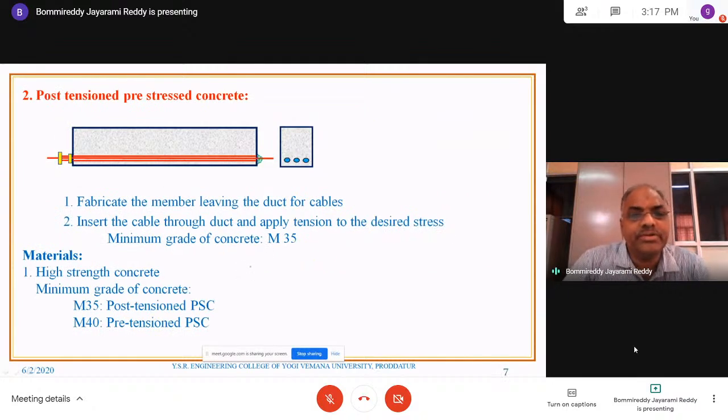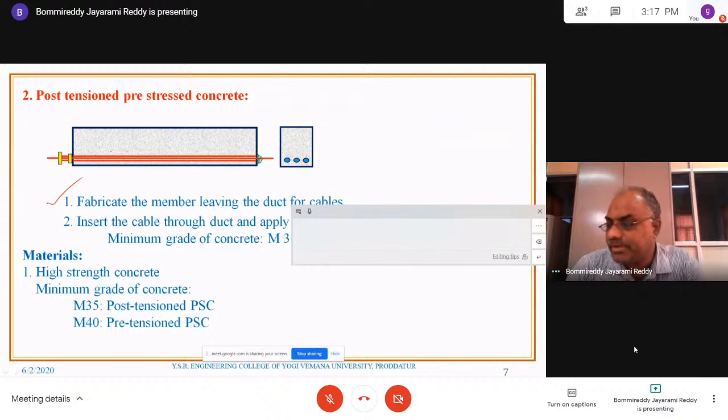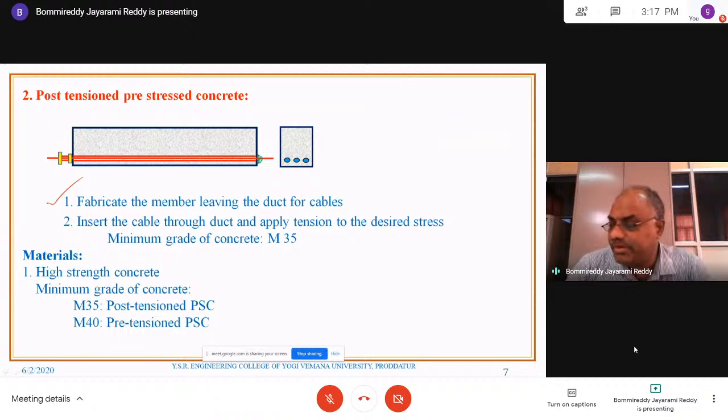Similarly, in post-tensioned pre-stressed concrete, what we do is first fabricate the member, leaving ducts for the cables. After attaining sufficient strength in the concrete, pass the required cables through the duct and apply the tension by means of the jacking ends.